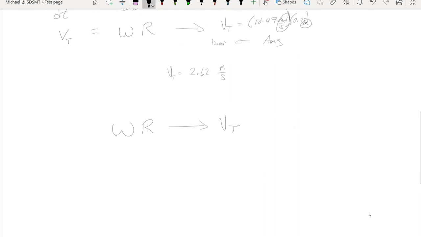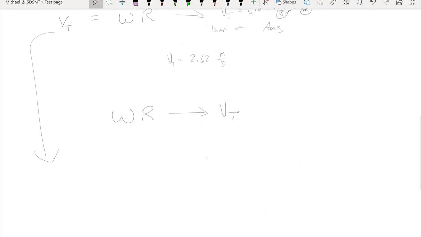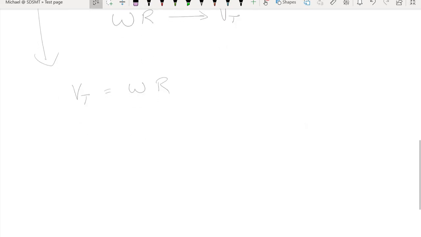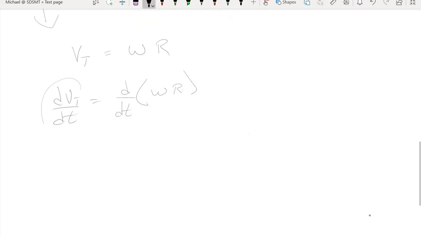The last thing that we can do, now that we know that there's a velocity term tangent to the path of the tire, what if we took another round of derivatives? Well, we know what happens when we take the derivative of a velocity. It turns into an acceleration.